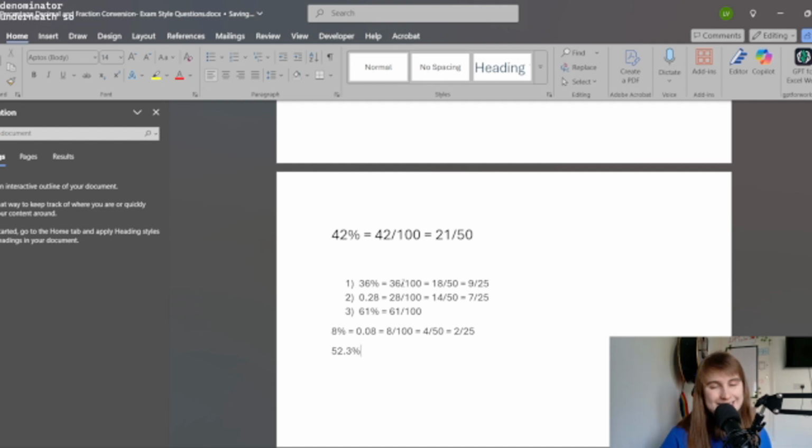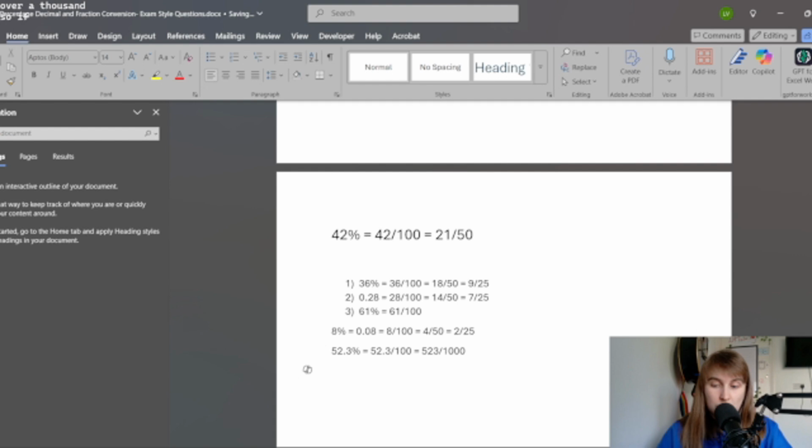So yes, we do percentages out of 100, so it's 52.3 out of 100, of course, but it'll be 523 out of 1,000. We think about the logic of that. That would be 52.3 over 100. Now, we can't actually have that. We can't have a decimal within a fraction, so we can't have the numerator or the denominator having decimals in it as a fraction. So what we need to do is multiply the numerator and the denominator by 10 to make them both integers, whole numbers, which brings us to 520 over 1,000.